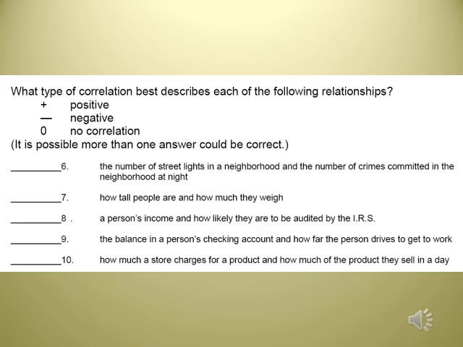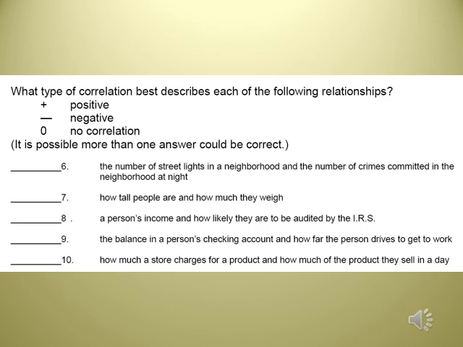We actually got the lighting increased after there had been a number of rapes on campus at UNI, and it did turn out that after increasing the lighting, those went down. That's a negative correlation because as one thing goes up, the other one goes down.